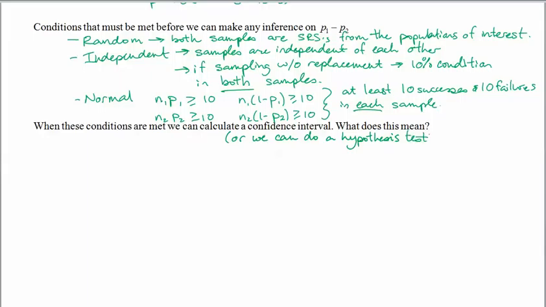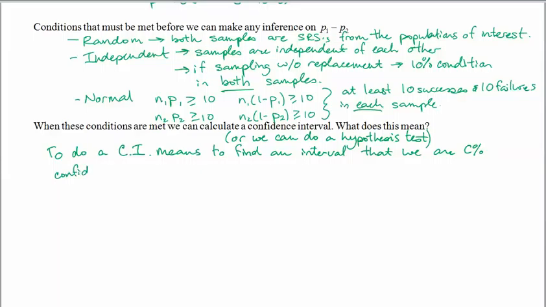Well, to do a confidence interval in this situation means to find a range, an interval, that we are, and we'll say C% confident, contains the true difference between the population proportions.